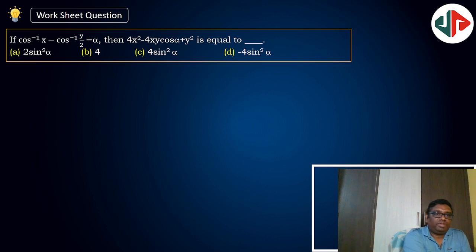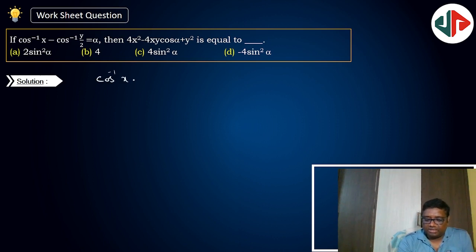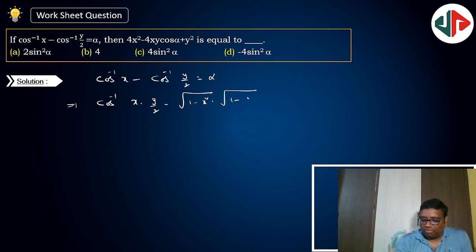So cos inverse of x minus cos inverse of y by 2 is equal to alpha. Then what is this value? Here cos inverse of x minus cos inverse of y by 2 is equal to alpha. Now apply cos inverse of (x into y by 2 minus under the root of 1 minus x square into under the root of 1 minus y square by 4) is equal to alpha.